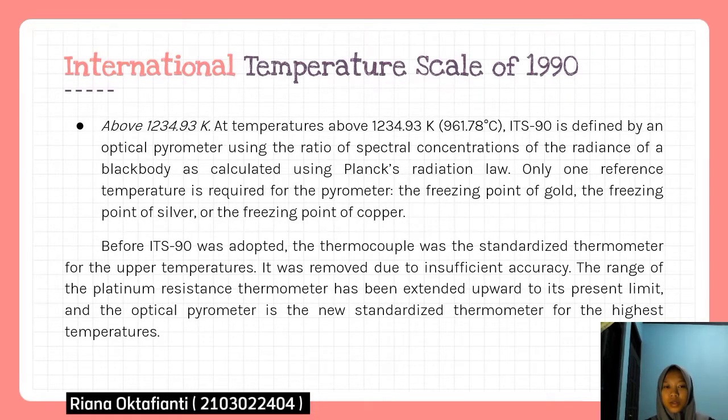Above 1234.93 Kelvin, or 961.78 degrees Celsius, ITS-90 is defined by an optical pyrometer using the ratio of spectral concentration of the radiation of a black body as calculated using Planck's radiation law.